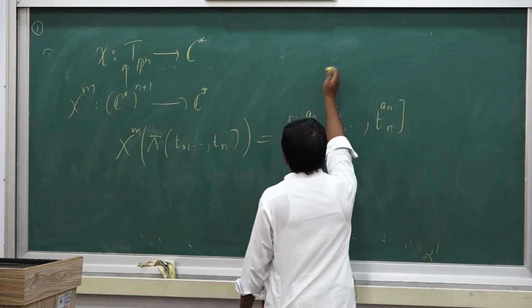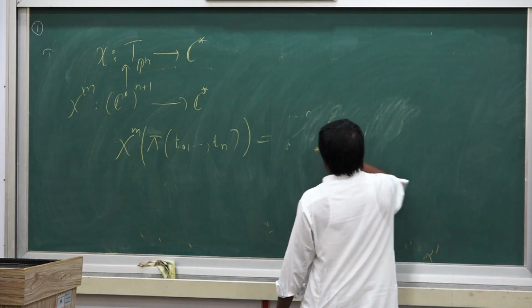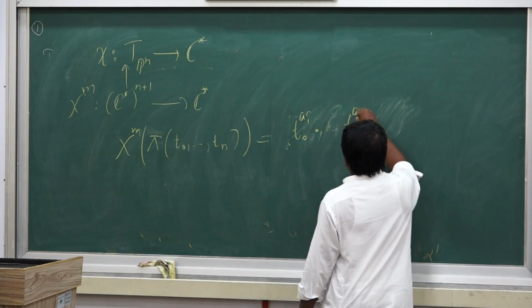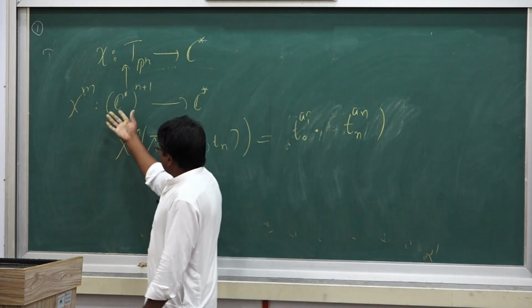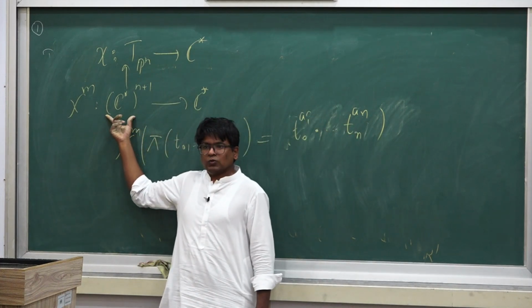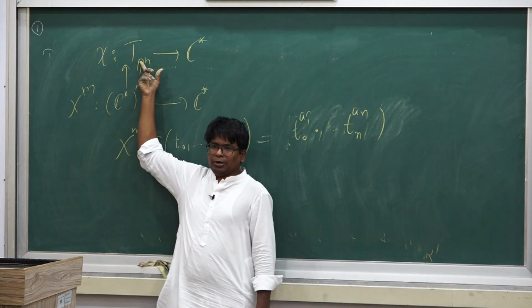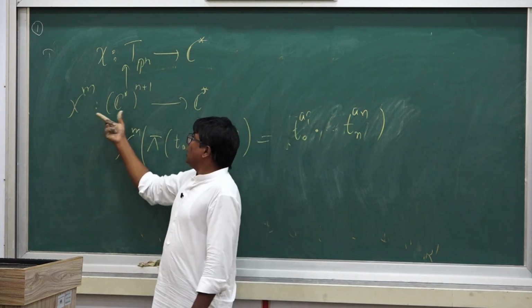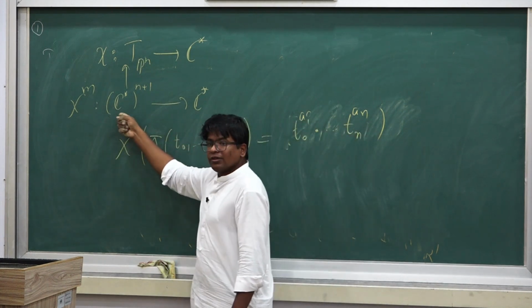So first the projection, and then if I apply this, that would be T naught A1 times Tn An. So what I'm saying is take an element here, take its corresponding element here, which is simply T naught up to Tn, and apply this character, this one.